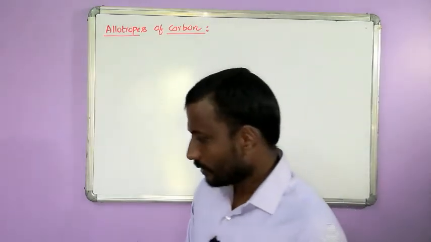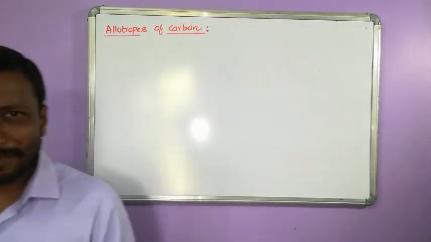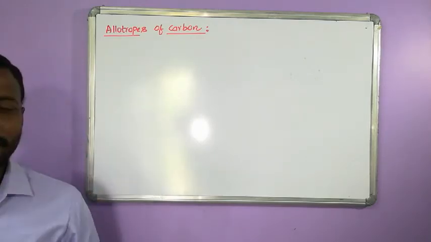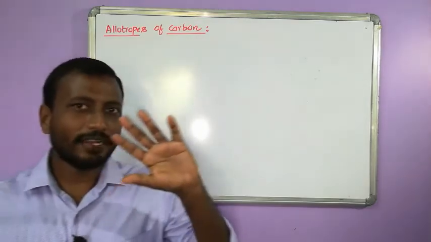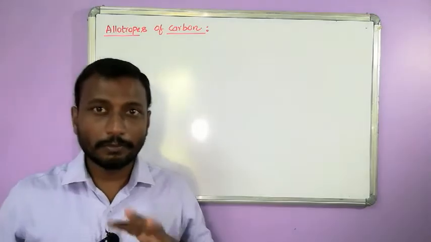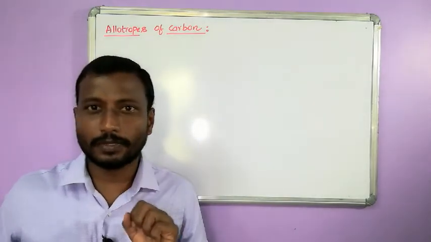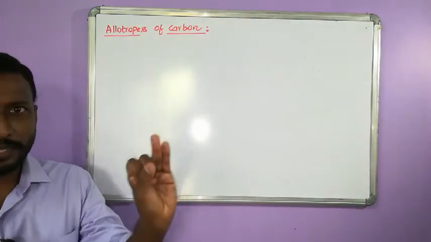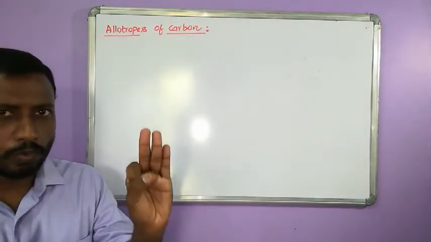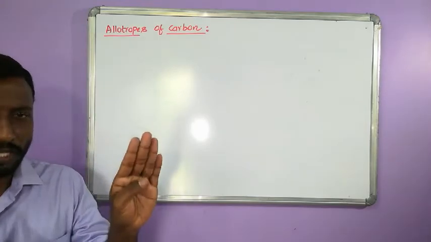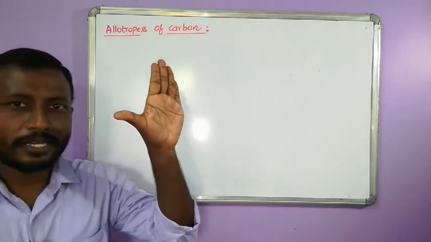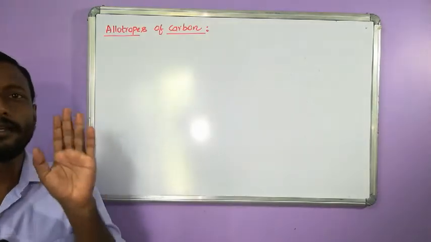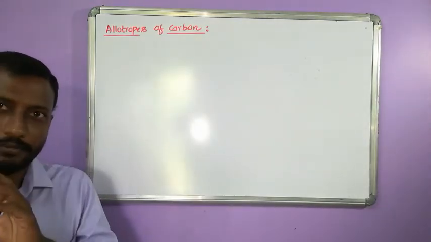So there are many different physical forms of a single element, having different physical properties, but with the same chemical properties. Whether you burn carbon, diamond, coal, charcoal, or Buckminster fullerenes, you are going to get the end product carbon dioxide.